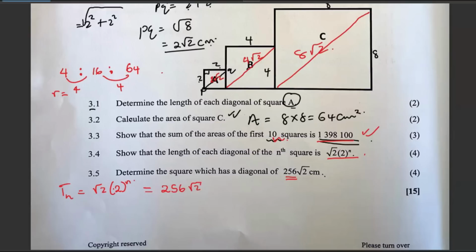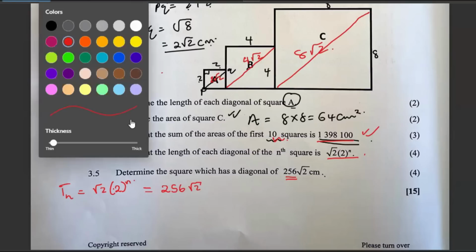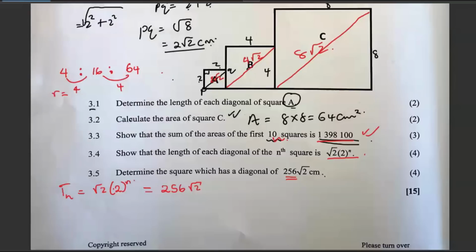Step number 1, the root signs are going to cancel each other, and then 2 to the exponent of n. If I write 256 in exponential form, it's basically 2 to the exponent of 8, meaning that the 8th term or the 8th square is what the question is looking for. So that is question number 3.